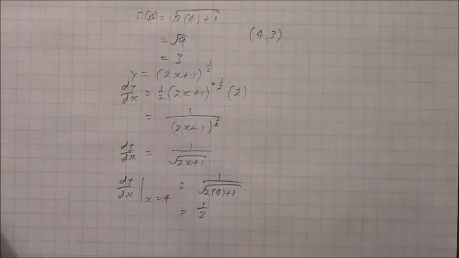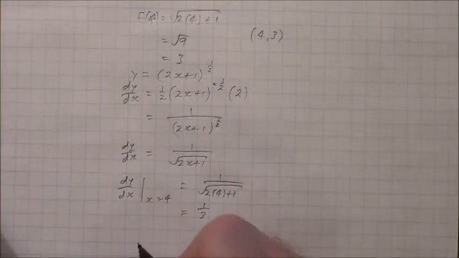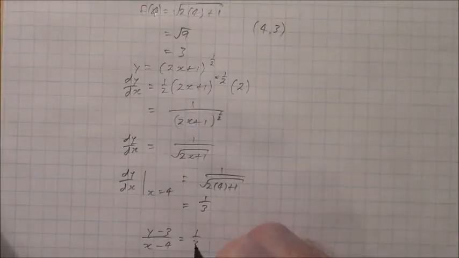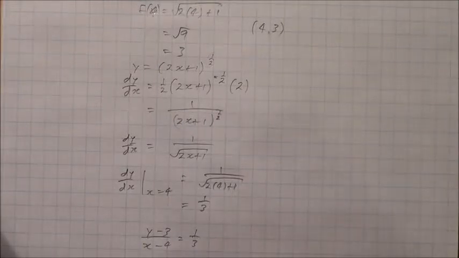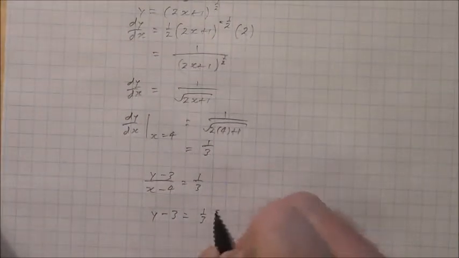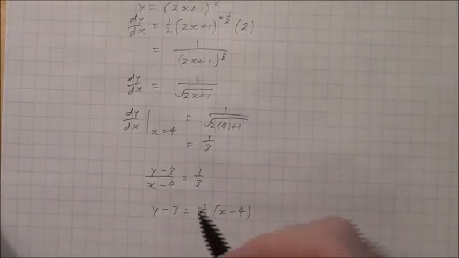Okay, and so then to get the equation of the tangent, we go y minus 3 over x minus 4 equals 1/3 by using what we saw on the previous page. And then I'll just multiply this on both sides. We get y minus 3 equals 1/3 times x minus 4.